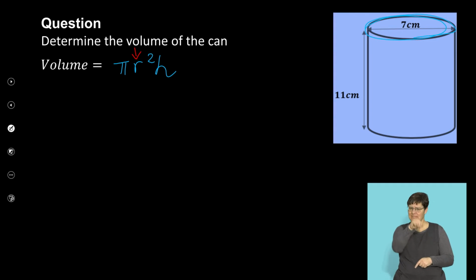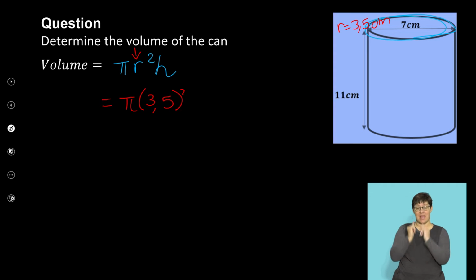But can I find my radius from my diameter? I can, because the radius is half of the diameter. So I know that my radius will be equal to 3,5 centimeters. So my volume will be pi times 3,5 squared multiplied by my height, which is 11.